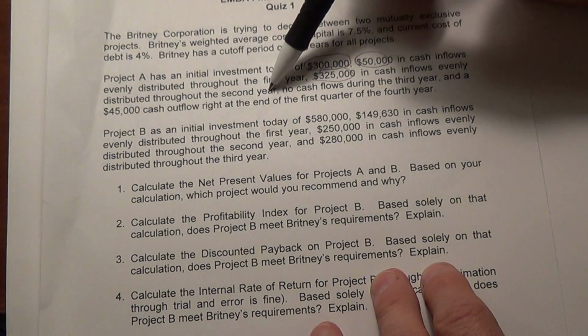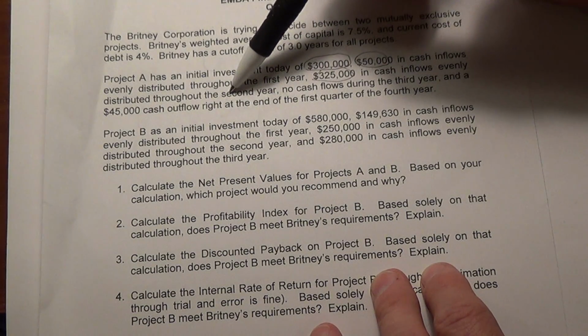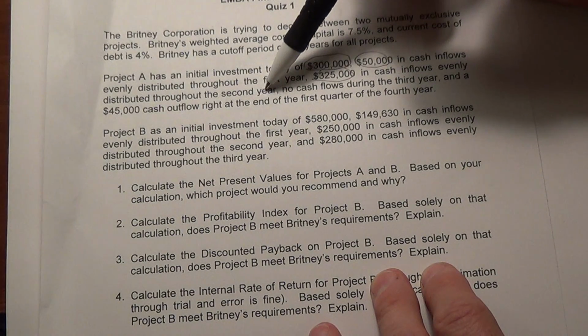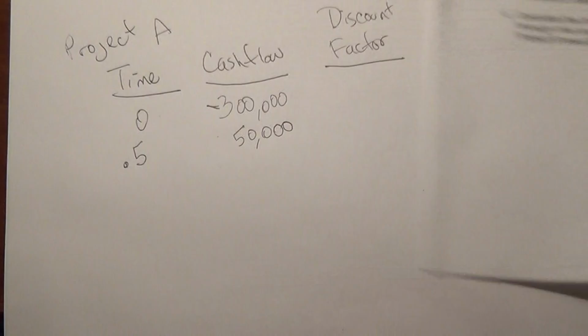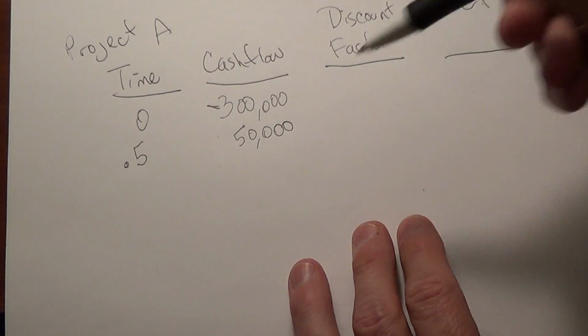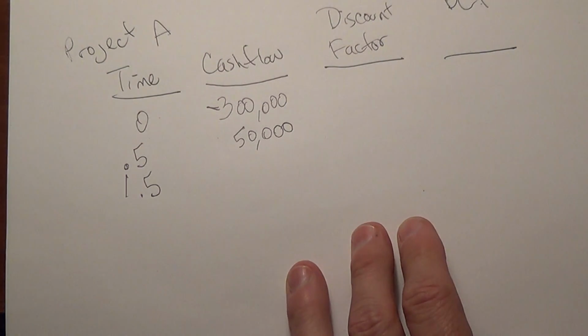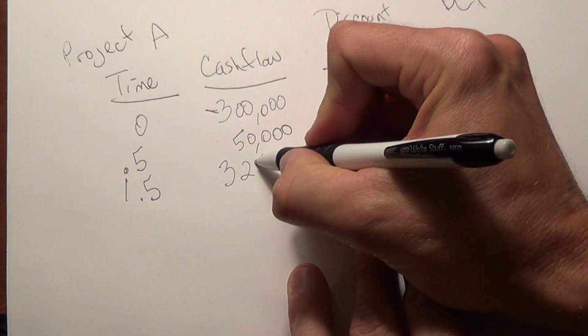So we won't use 1 because that would assume it happens at the beginning of the second year. We won't use 2 because that assumes that the cash flow happens entirely at the end of the second year. So instead we'll compromise, we'll use 1.5, which is a good compromise position. So 1.5, and the cash flow is $325,000.